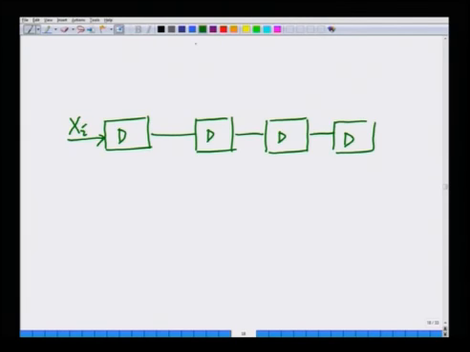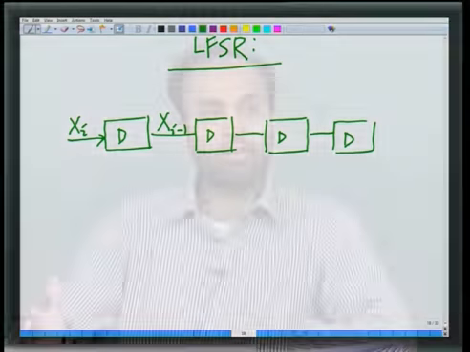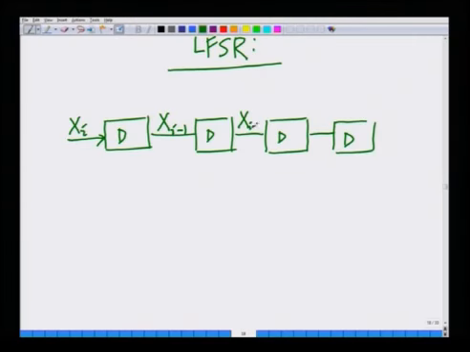So I am looking at the architecture of an LFSR, which is a linear feedback shift register. I am considering a sequence of 4 registers. I am inputting xi to the first register. Now at the output, since the register is a delay, I will have xi minus 1. At the input I have xi, at the output I have xi minus 1. Similarly, after one more delay, I will have here xi minus 2. At the third register, I will have xi minus 3. At the fourth register, I will have xi minus 4.